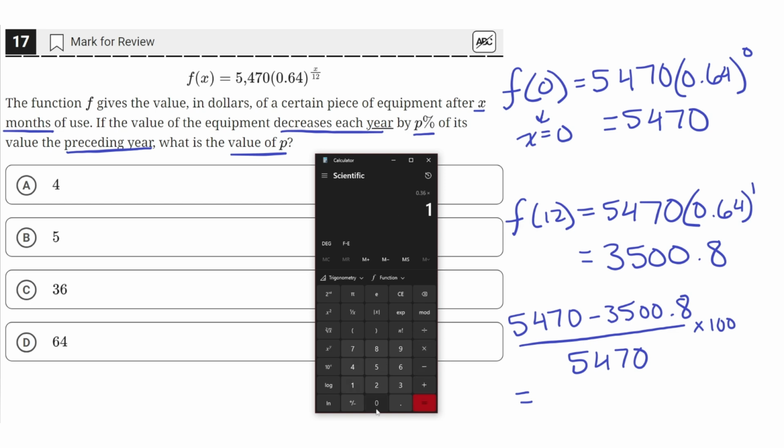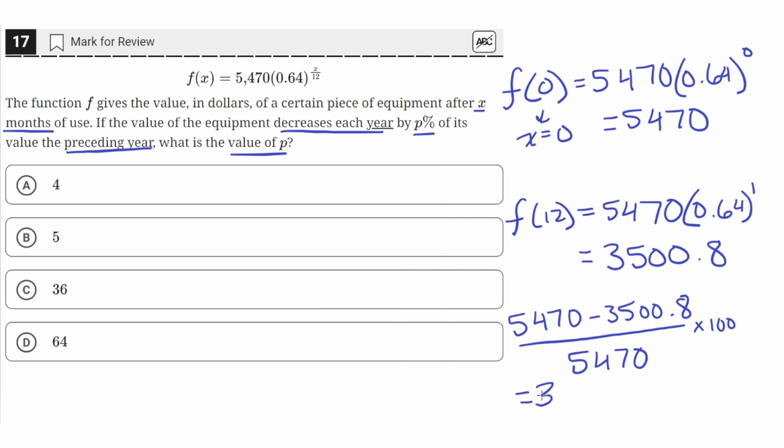And then multiply by 100 to get a percentage. So we get that the percentage change going from year 0 to year 1 was 36%. So P is equal to 36, since the value decreased by 36% going from year 0 to year 1. So that's answer choice C.